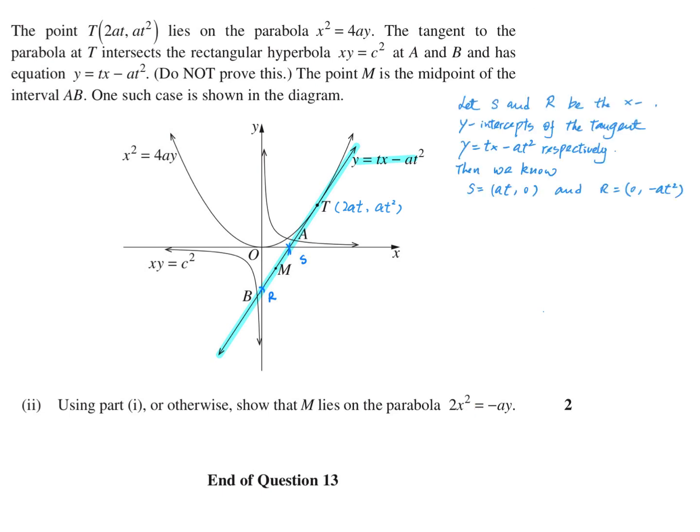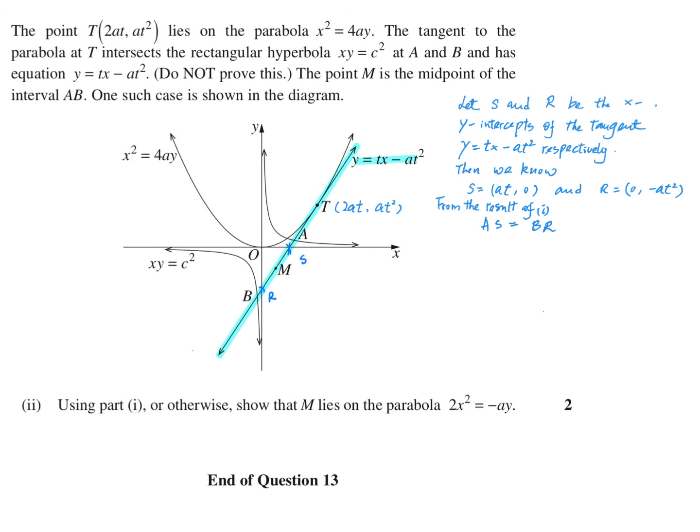In order to show that M is a point on this parabola, we need to know the coordinates of M. First of all, let S and R be the x and y intercepts of the tangent. Then it is not difficult for us to get the coordinates of S and R. For S, you just take the y coordinate equal to 0 and you will get the x coordinate of S equal to at. And for R, you just take the x coordinate equal to 0 and you will get the y coordinate of R equal to minus at squared. And from part 1, we know that AS is actually equal to BR.